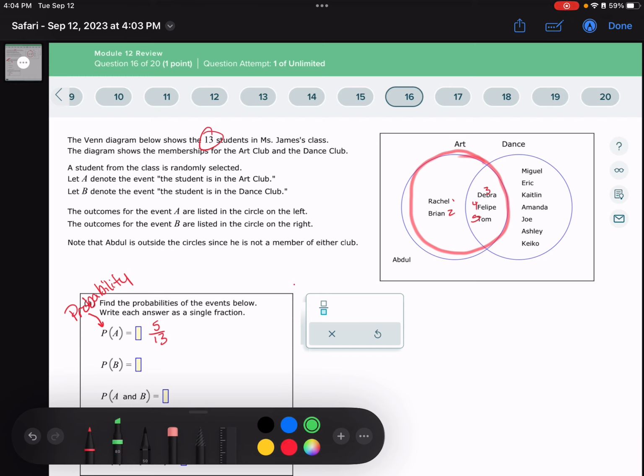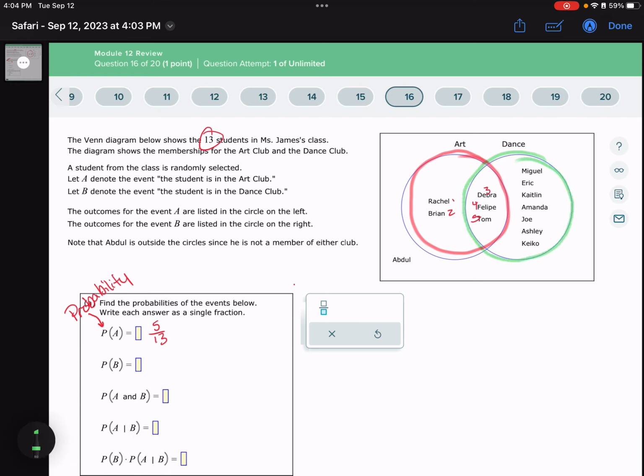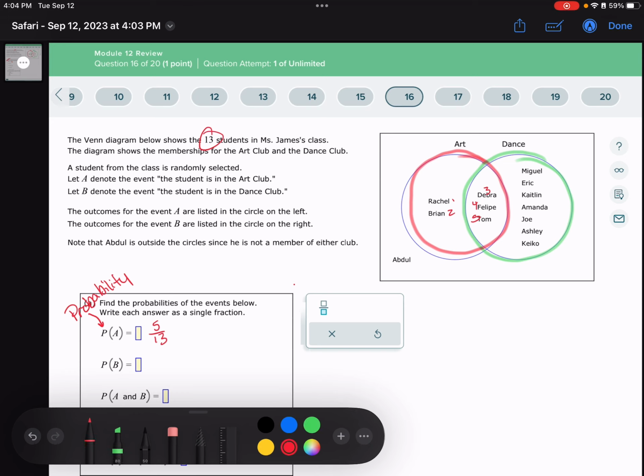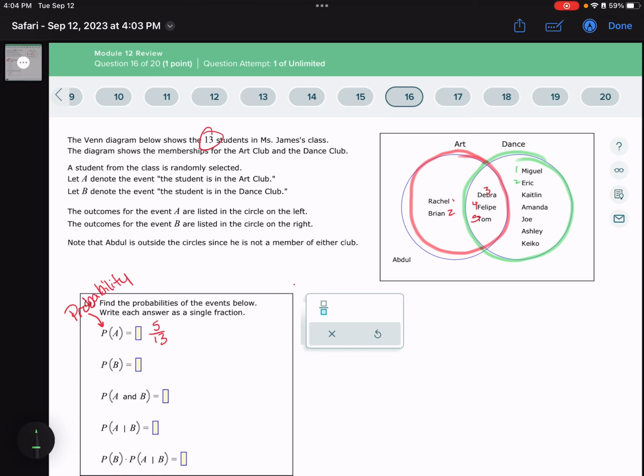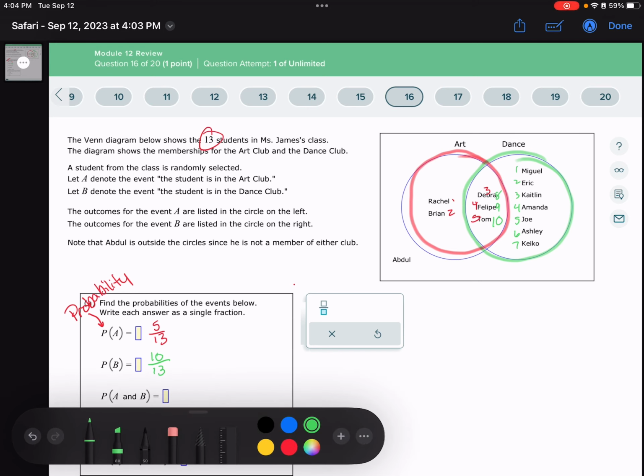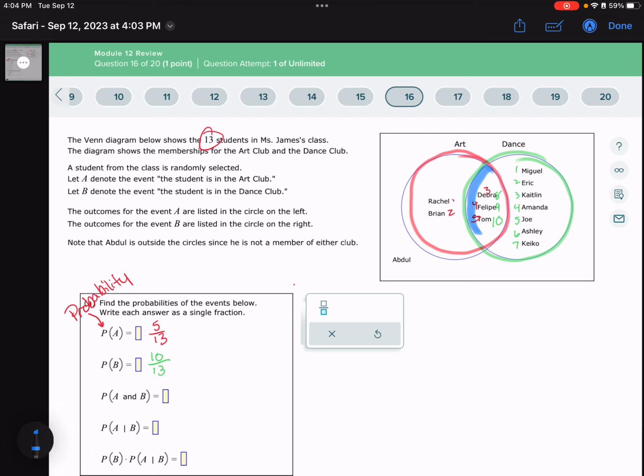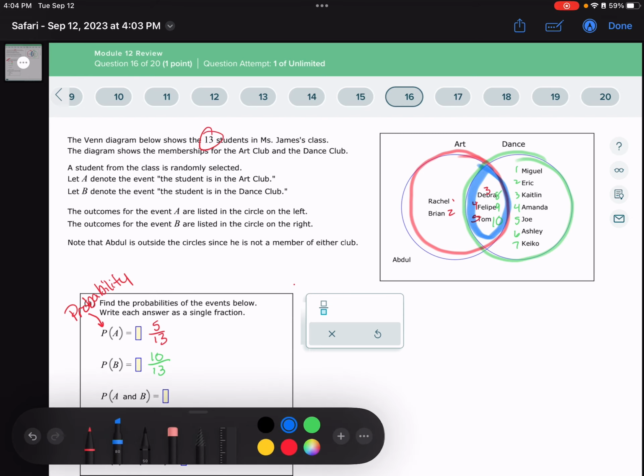The next one is the probability of circle B. And in that circle, we have 1, 2, 3, 4, 5, 6, 7, 8, 9, 10 out of the 13. A and B is where they overlap, and there are 3 out of the 13.